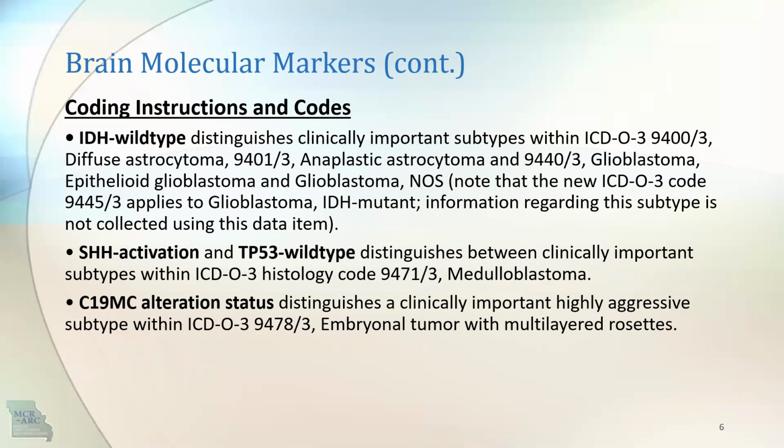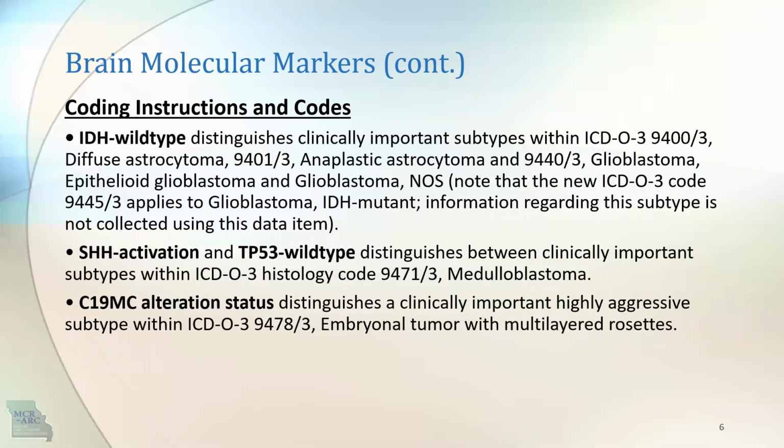IDH wild type distinguishes clinically important subtypes within ICD-O-3 9400/3, diffuse astrocytoma, 9401/3, anaplastic astrocytoma, and 9440/3, glioblastoma, epithelioid glioblastoma, and glioblastoma NOS.